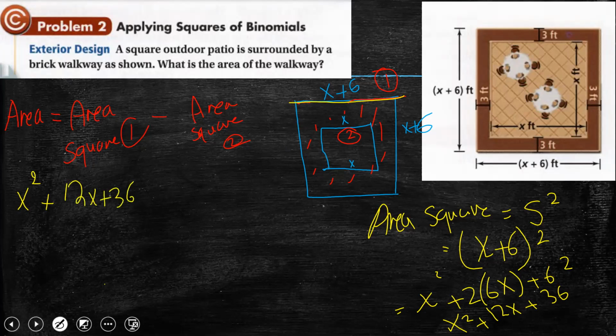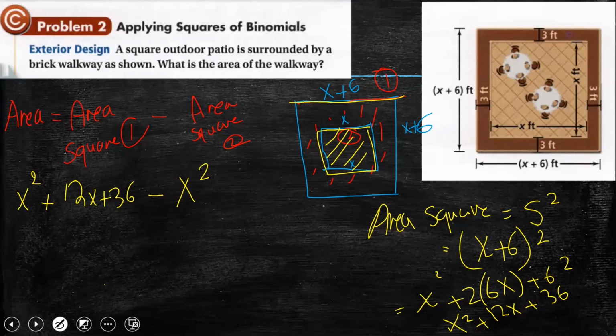I will write it here. Now I need to find the area of the small square. Where is my small square? It is here. What is the area of it? It's x squared, is it right? Yes. So I will say it's x squared because the length of the side here is x.